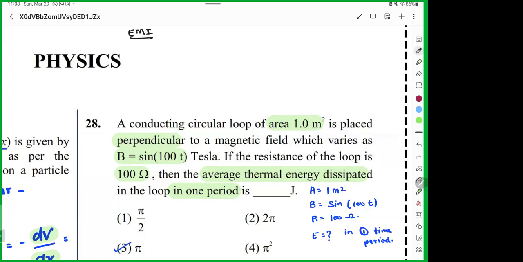In case of electromagnetic induction, if you calculate magnetic flux, how many lines pass through a given area, it is magnetic field into area. Correct? B dot dS integration, you know, this is ultimate. Area is 1 meter square and your magnetic field is sine 100t.